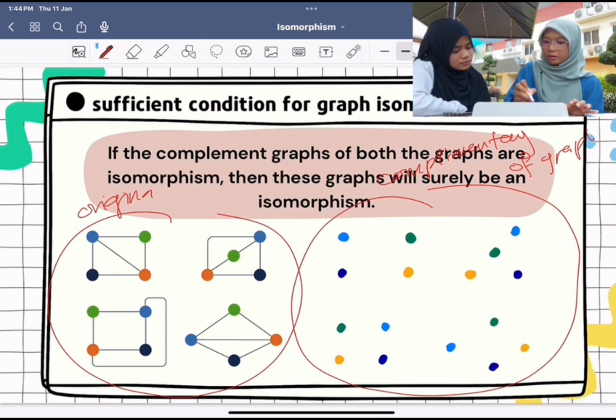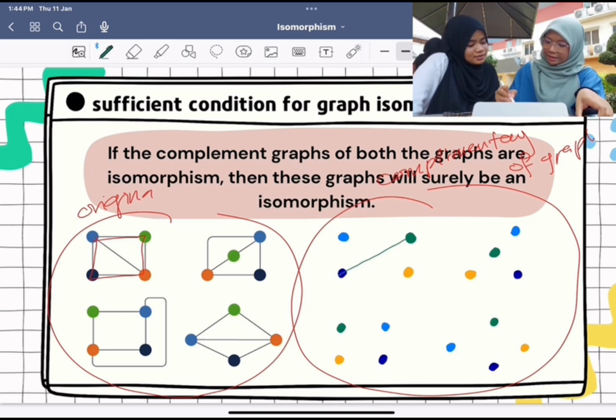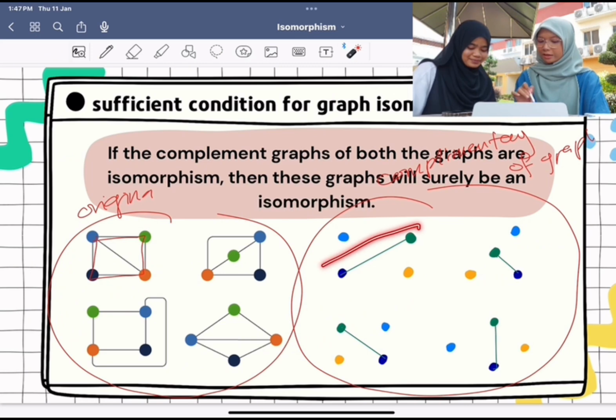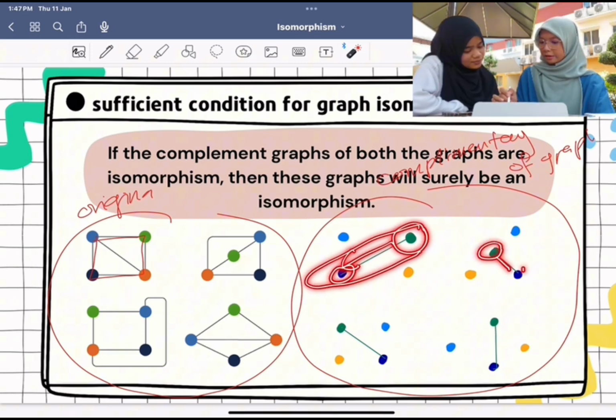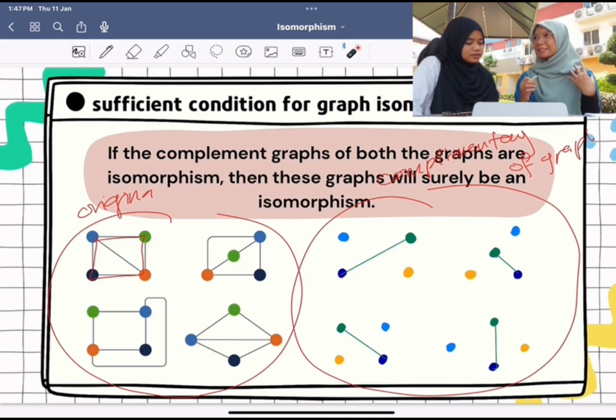For example, for this one, we have these 4 lines, and so this line. So the line that we don't have yet is this line, and then we can say that this is the complement. If you look carefully, all these lines are connected with the same points, right? Look at the color. Green to dark blue. Green to dark blue. Green to dark blue. So we can say that it's isomorphic.